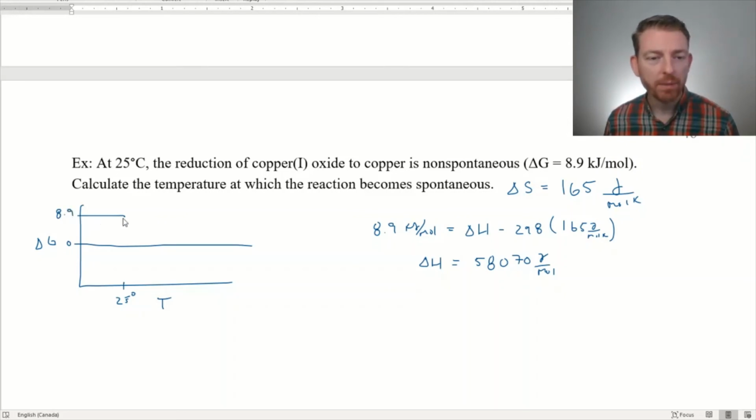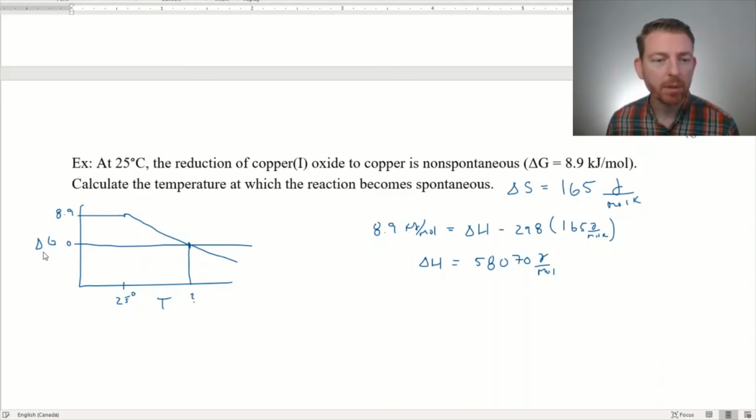So it's above 0, but we're going to say that it's going down and that at some temperature that's higher than 25 degrees, it's going to cross that line. It's going to be at equilibrium, and then it's going to go below equilibrium and become spontaneous. So we are interested in exactly that temperature.